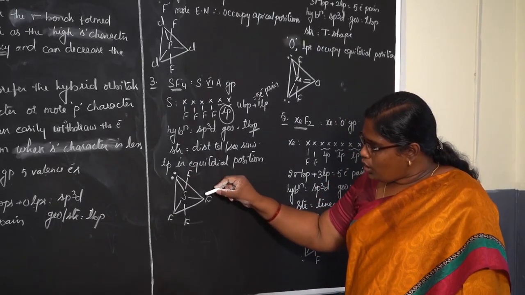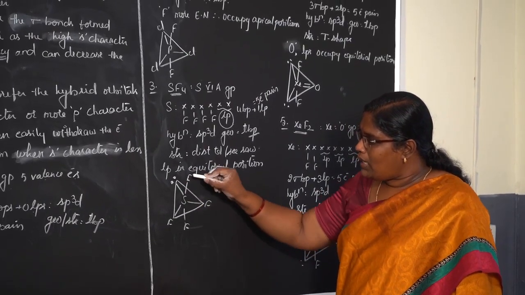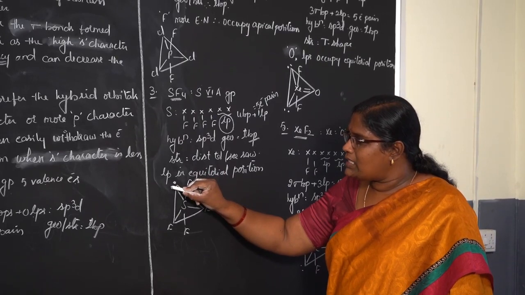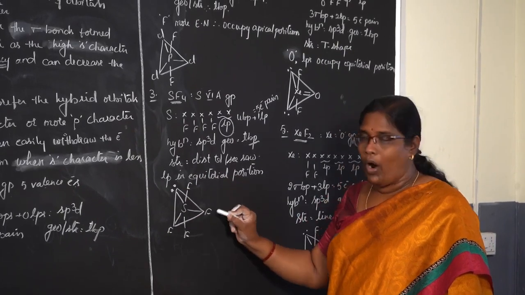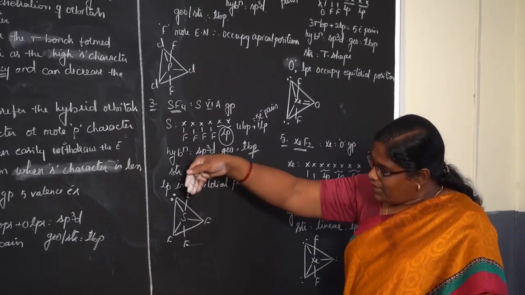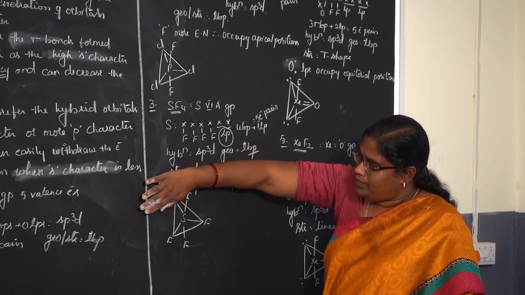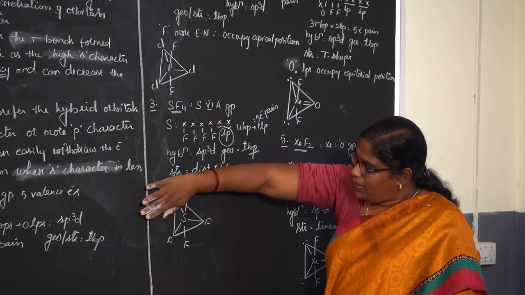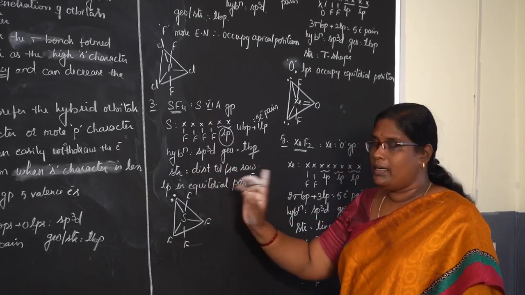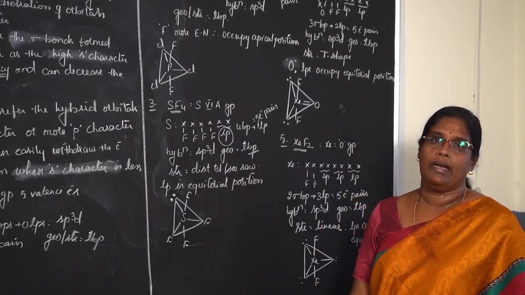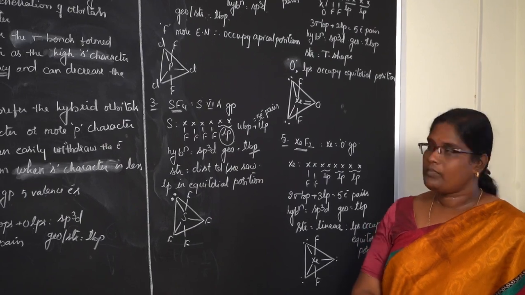The geometry of the molecule is trigonal bipyramid because we consider the lone pair and all the bonded pairs. But when we consider the structure, we ignore this lone pair. So when we ignore this lone pair, the molecule appears to be tetrahedral, distorted tetrahedral.